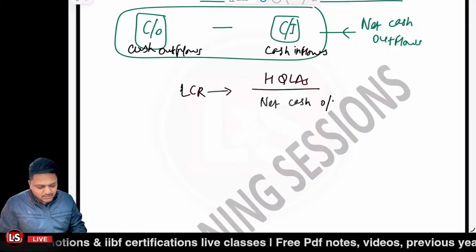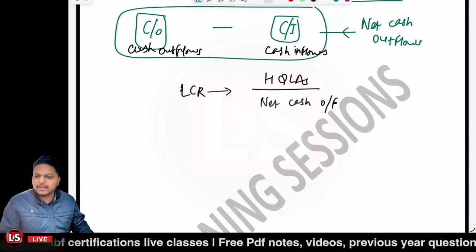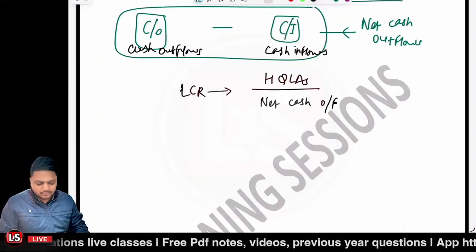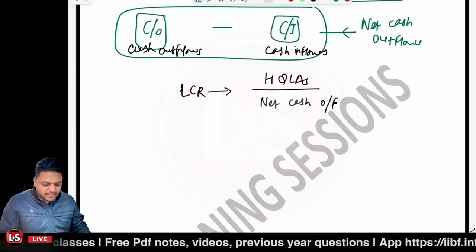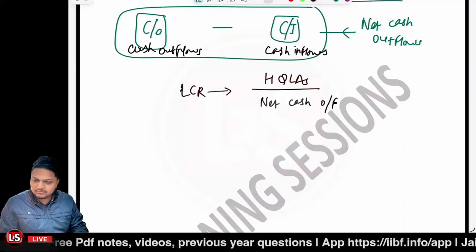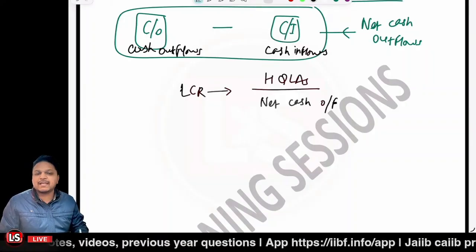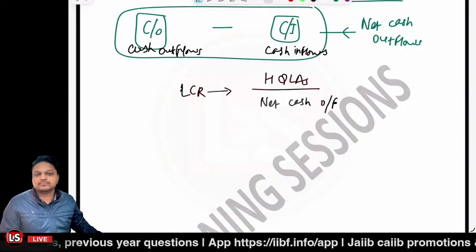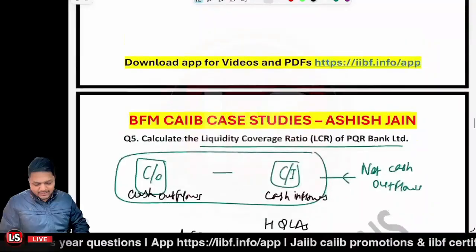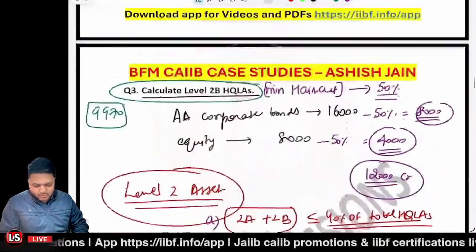We have already calculated the HQLAs. Now we have to calculate the net cash outflow. First of all, let's have a look at the question again, at the second part.